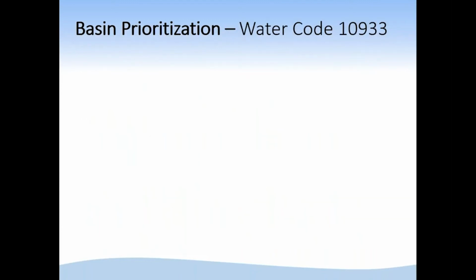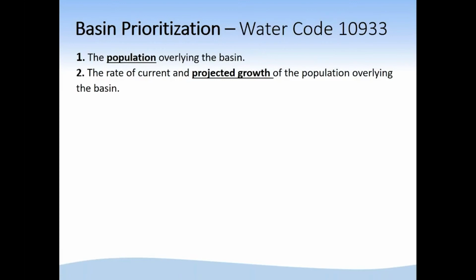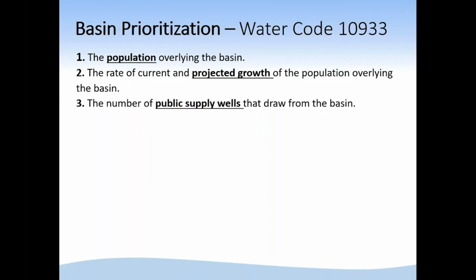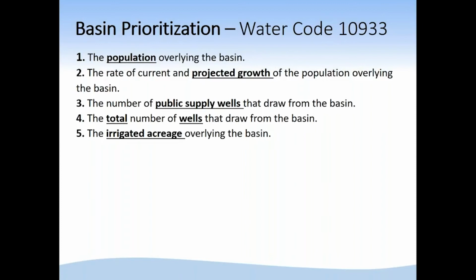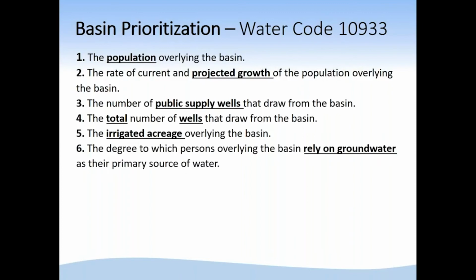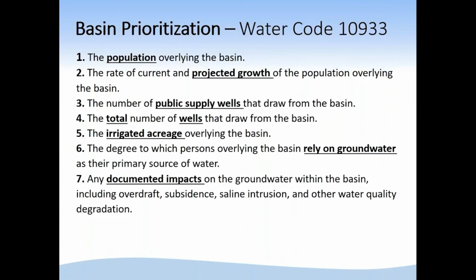So, Water Code 10933, the code that we need to follow in completion of our basin prioritization process, includes: 1, the population overlying the basin, the projected growth related to the population, number of public supply wells that draw water from the basin, total number of wells that draw from the basin, irrigated acreage, the degree that the basins or persons overlying the basin rely on groundwater as the primary source of water, documented impacts.